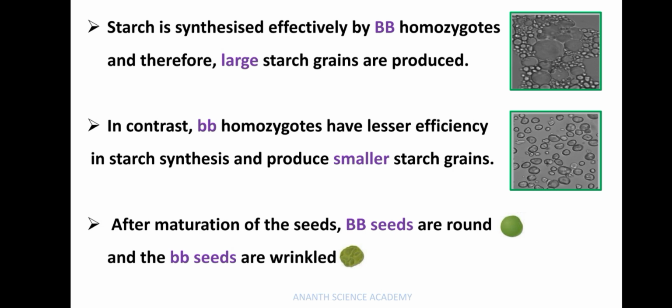In contrast, small b homozygotes have lesser efficiency in starch synthesis and produce smaller starch grains. After maturation of the seeds, capital B seeds are round in shape and the small b seeds are wrinkled in shape.